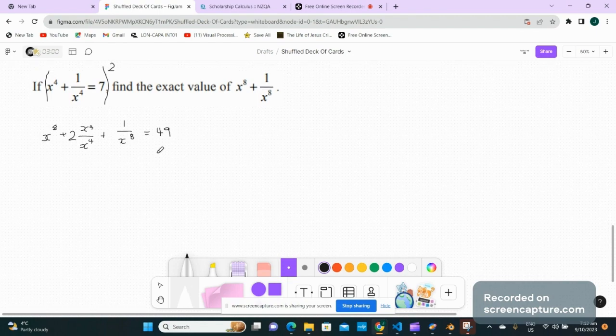Following this, we're going to cancel the x to the 4s to make 1. So we're going to have x to the 8 plus 2 plus 1 over x to the 8.